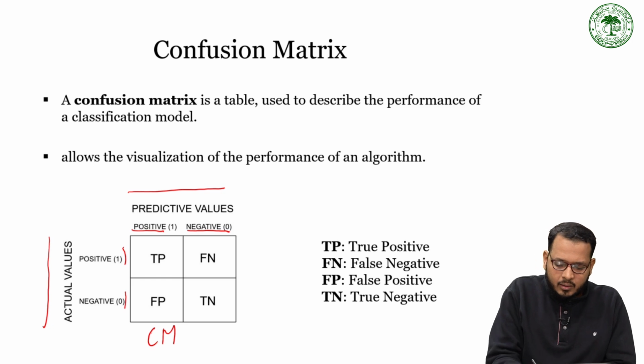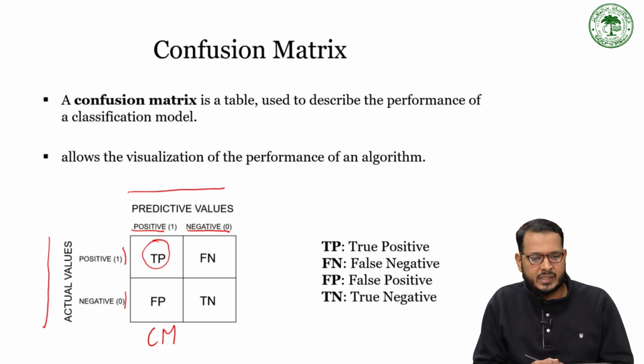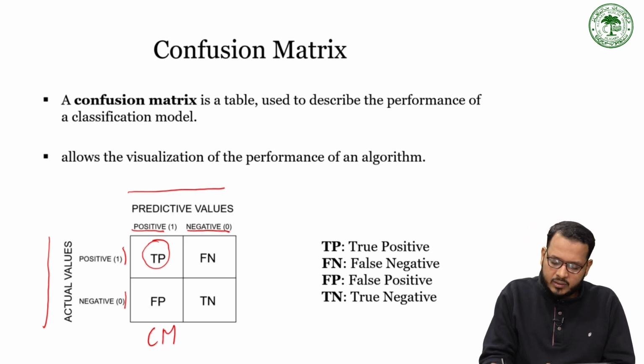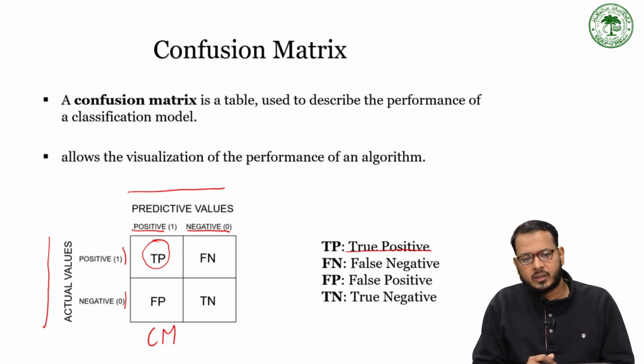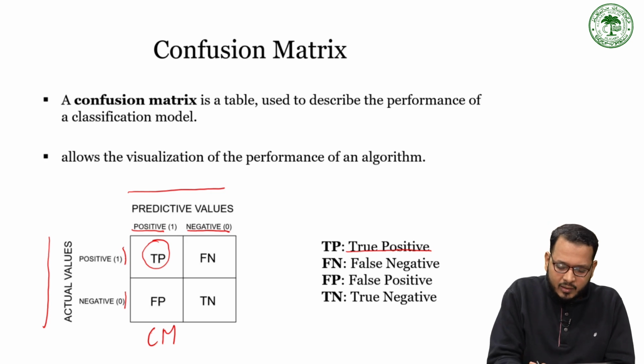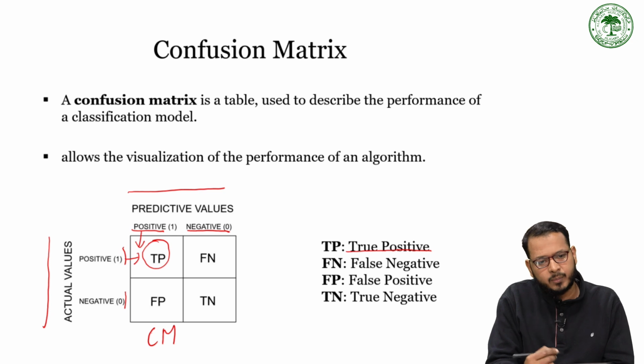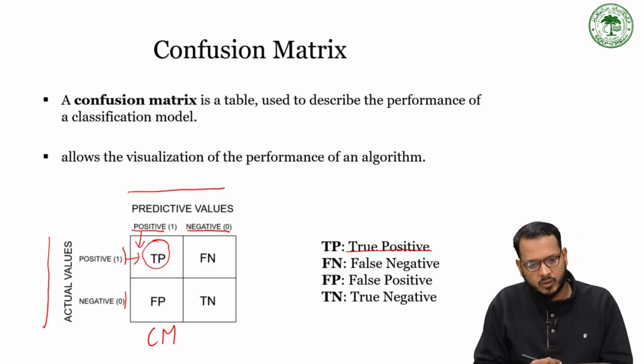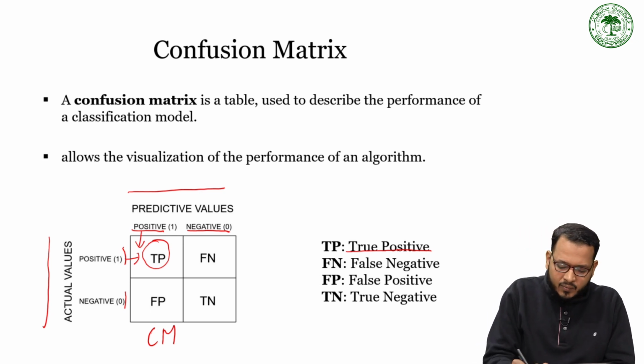Either we fall into the cell TP. TP stands for true positive. True positive represents that the actual values were positive and the predicted values were also positive. That's why they fall in this cell where actuals are positive and predicted values are also positive. Then we have this cell, it is called TN.